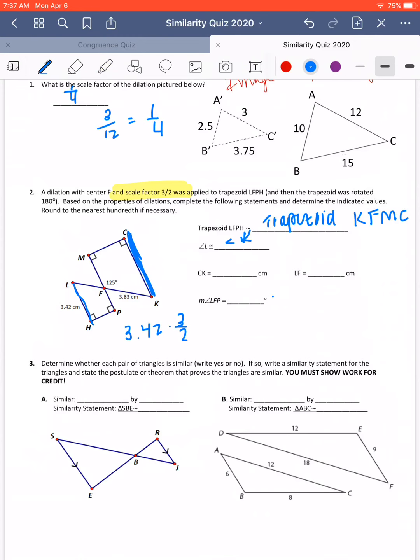That's how we use our scale factor. So in the calculator, if I were to enter 3.42 times 1.5, I get 5.13.